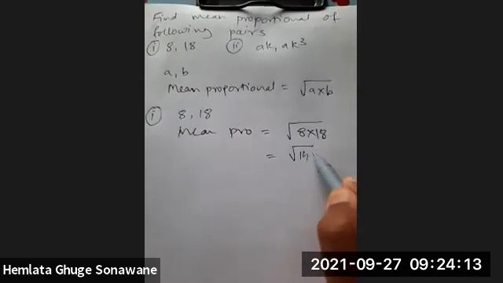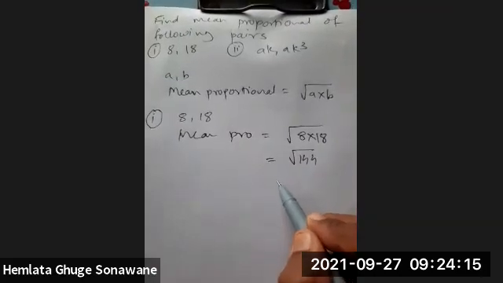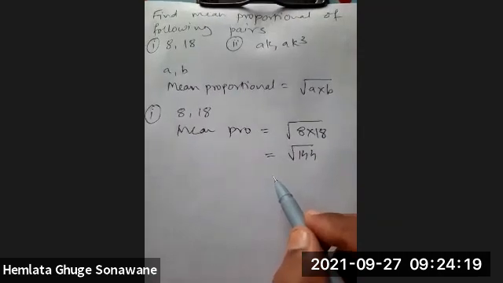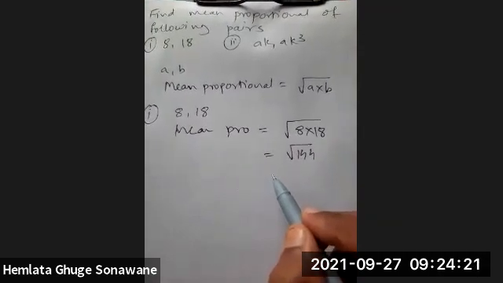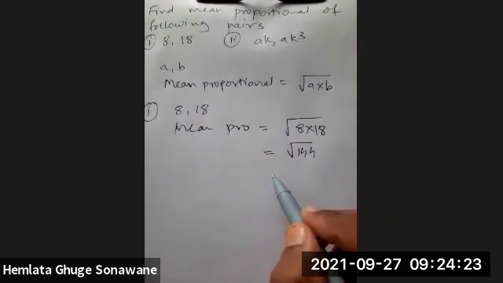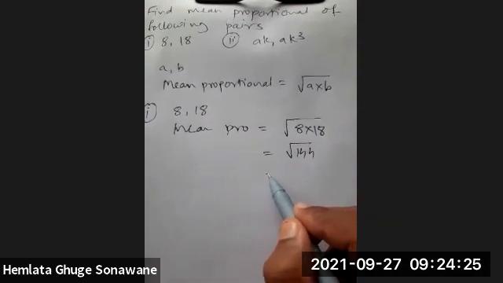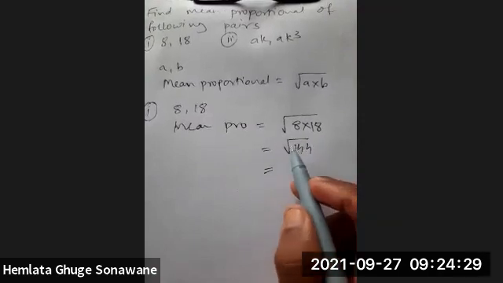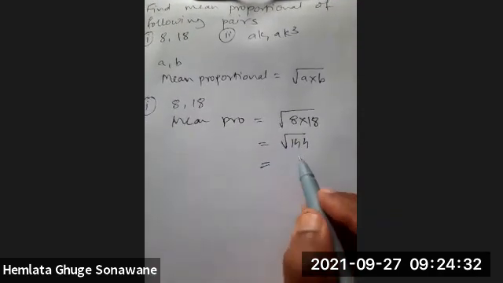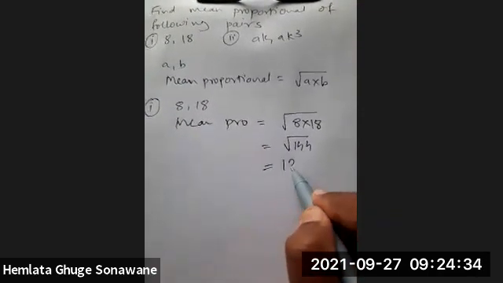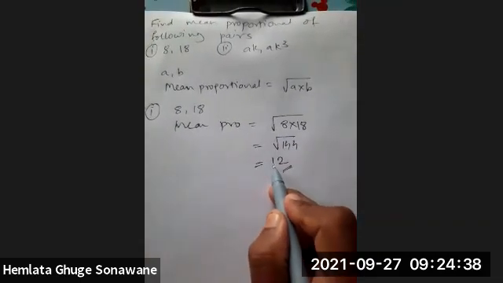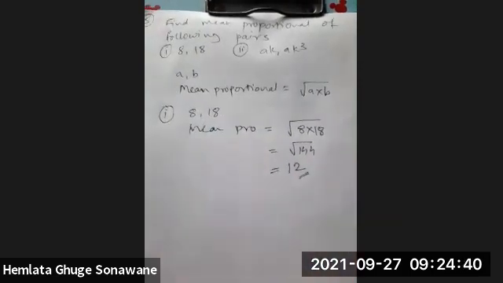Under root 144. Next step, we'll take the square root of 144. Which number's square is 144? 12. Very good. So this is the value, the mean proportional of 8 and 18.